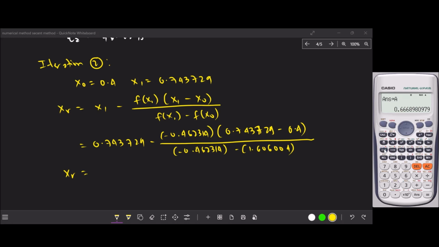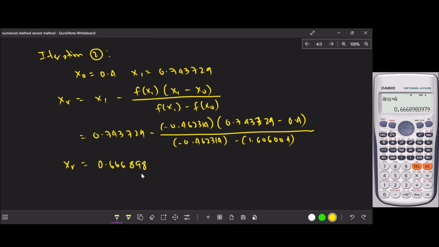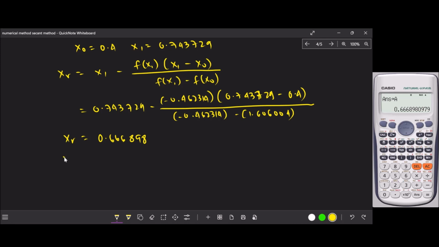Okay, so we have 0.666898. So solving now for our f of xr, which is equal to f of 0.666898.